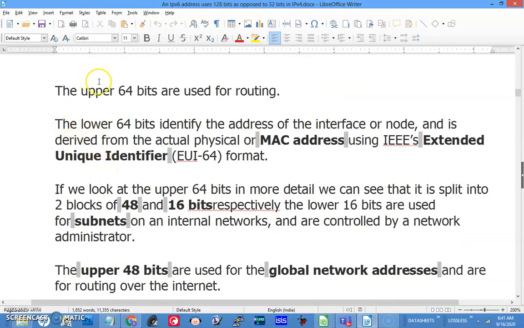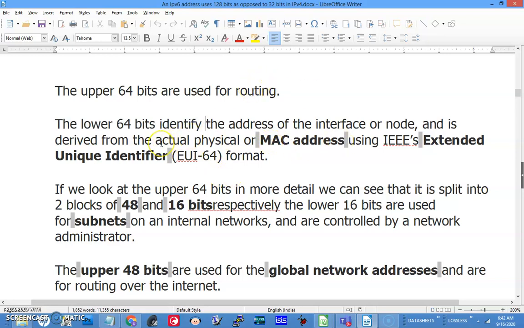The upper 64 bits are used for routing, and the lower 64 bits are derived from the actual physical MAC address using IEEE's extended unique identifier format, the EUI-64 format. So please note that the upper bits are used for routing and the lower bits are derived from the MAC address.